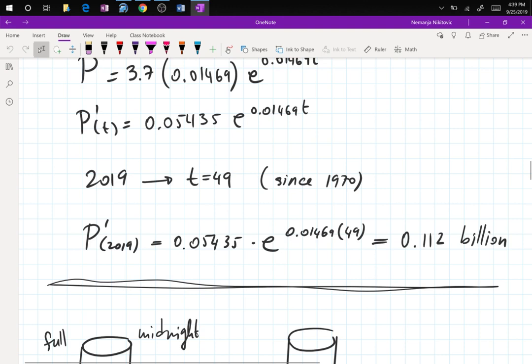If the system changes, the derivative can see that change, measure that change, and give us the results. So what is the change that I measured in this case of population? I measured that in 2019, the population change happens to the positive side of adding additional 112 million people worldwide.